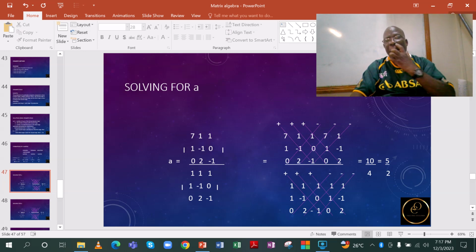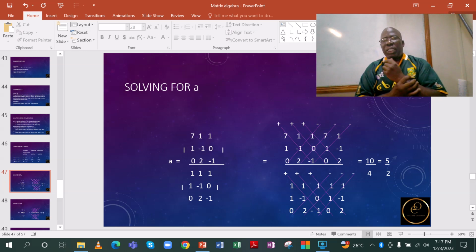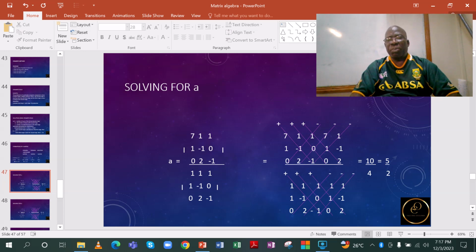Then you go to the upsloping diagonals, starting from the corner here, 0, up through -1 and 1, and assign the negative sign. The next upslope diagonal is 2, 0, 7. The last is -1, 1, 1. So what you do is multiply the elements along these ruled lines.